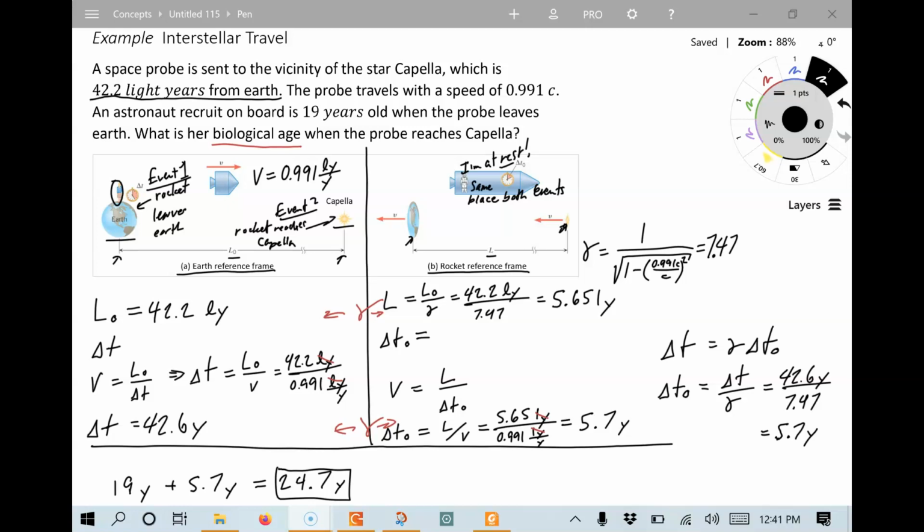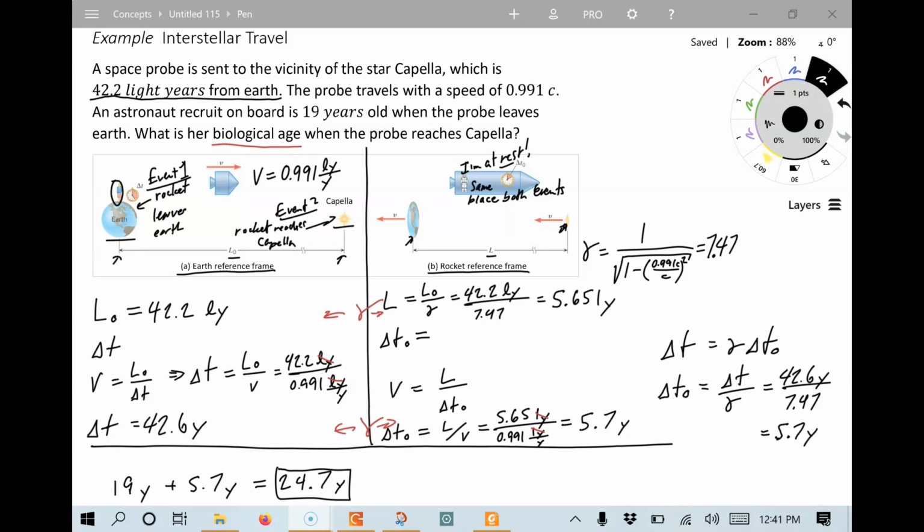So as you can see, there's more than one method to calculate these problems. And much more interestingly, we see that time dilation can create some really strange effects. Now, we don't have the ability to travel that fast, but if this were possible, you could do something known as the twin paradox. If this person were to turn around and come back, by symmetry it would take another 5.7 years according to their clocks inside the space shuttle.